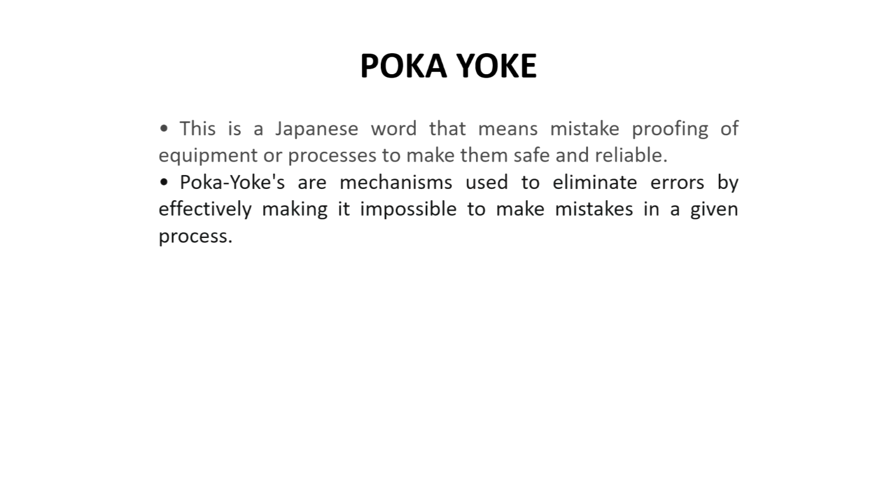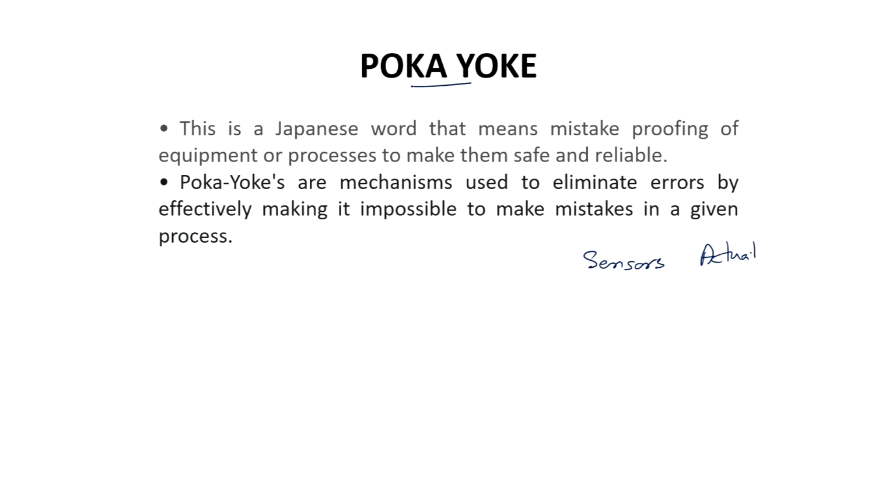Poka-yoke is a Japanese word that means mistake proofing of the equipment or process to make them safe and reliable. Poka-yokes are mechanisms used to eliminate error by effectively making it impossible to make a mistake in a given process. It is a very important concept which uses technology, sensors and actuators.